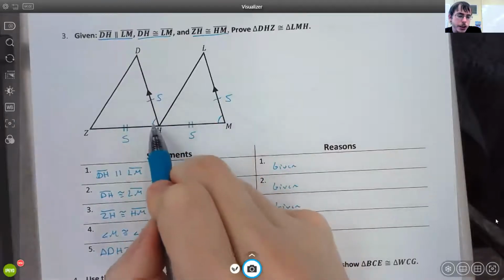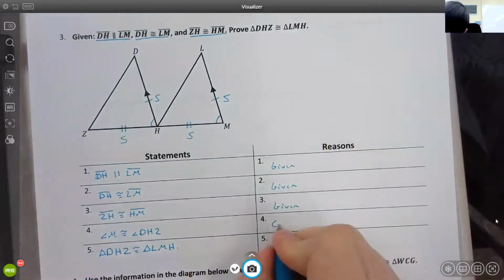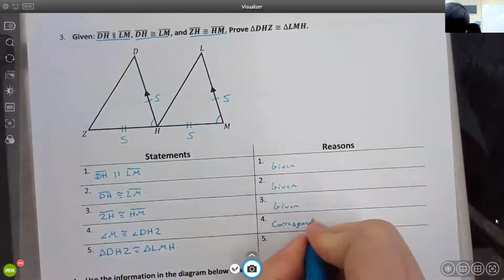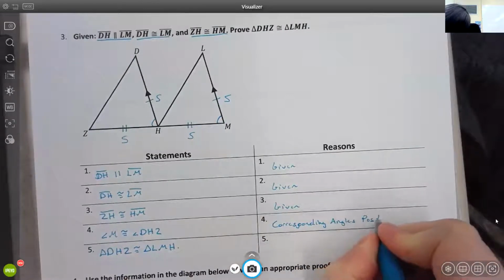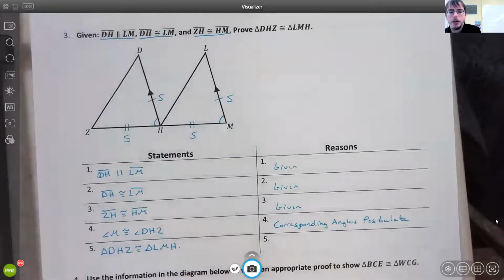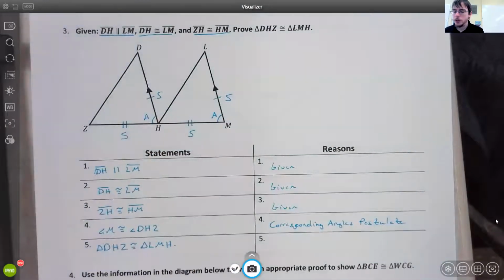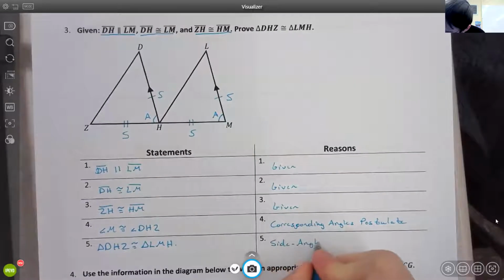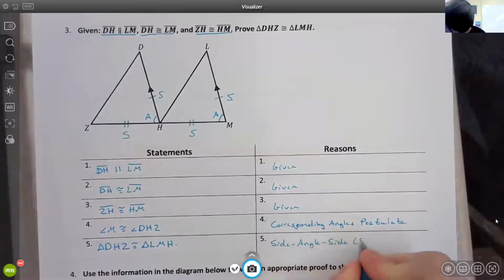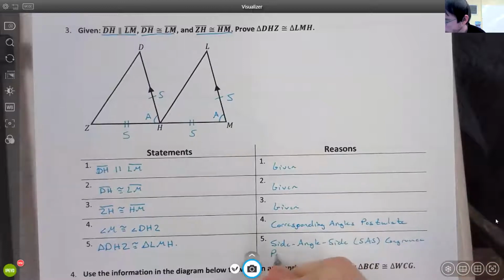But you can see that these two angles would be corresponding angles. So this is the corresponding angles postulate. So that means we have two congruent pair of sides as well as one congruent pair of angles. So this is side, angle, side, or SAS, congruence postulate.